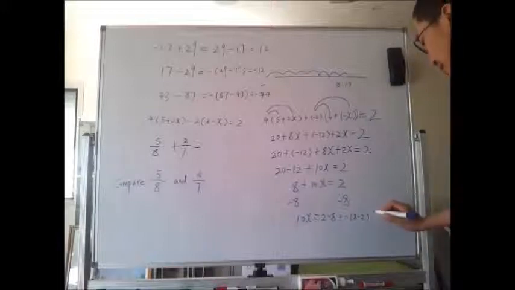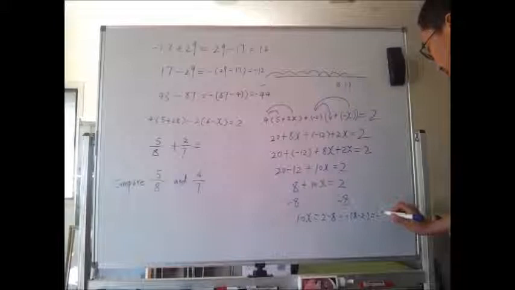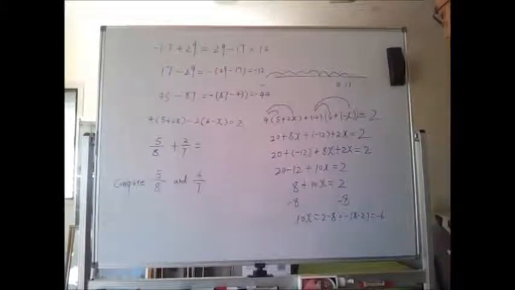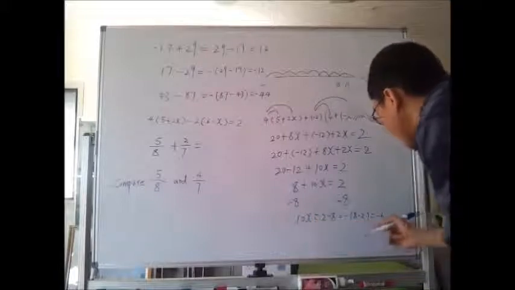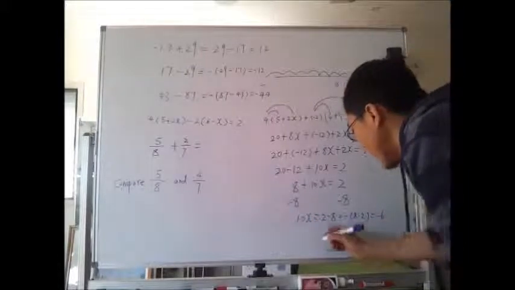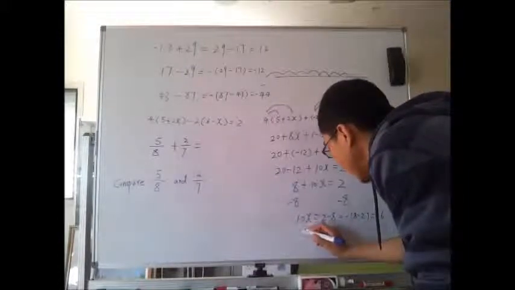So 8 minus 2 is 6, so the answer is negative 6 for them. So we have 10x equals negative 6. How to find x? Both sides we divide by 10.